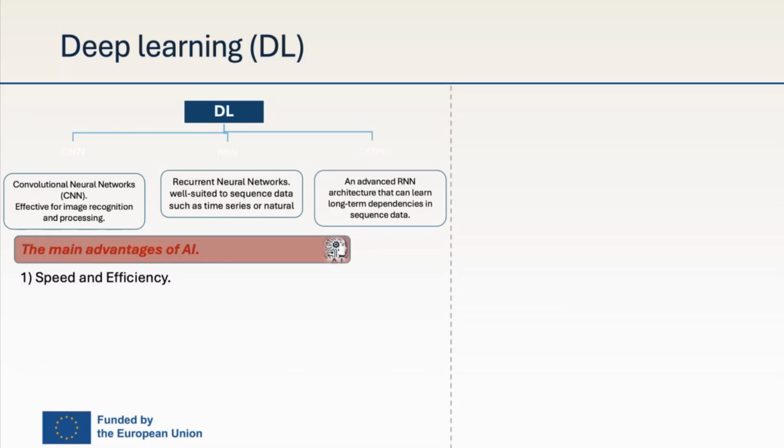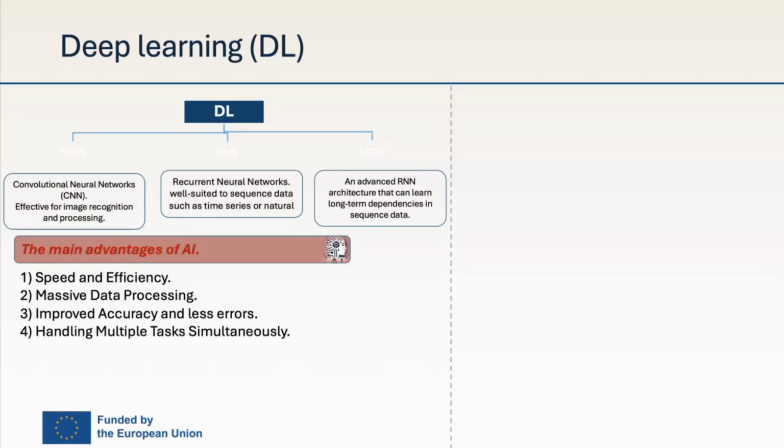And we have the LSTM, considered more advanced for time series data. The main advantage of applying AI in many methods is that it's fast and efficient, and it can deal with a massive amount of data, more accurately and with less error.